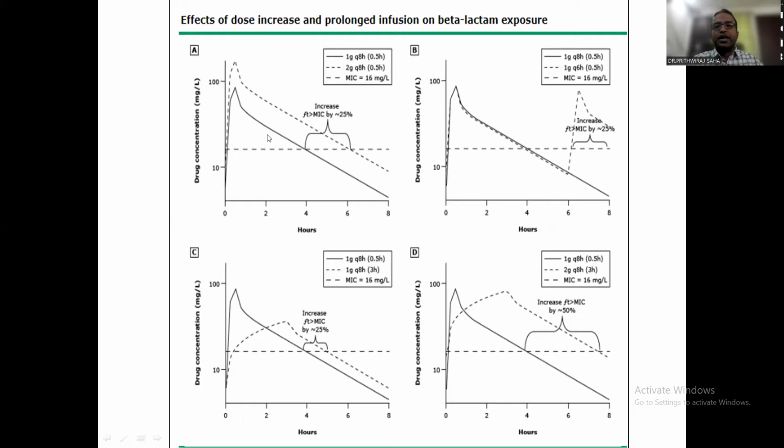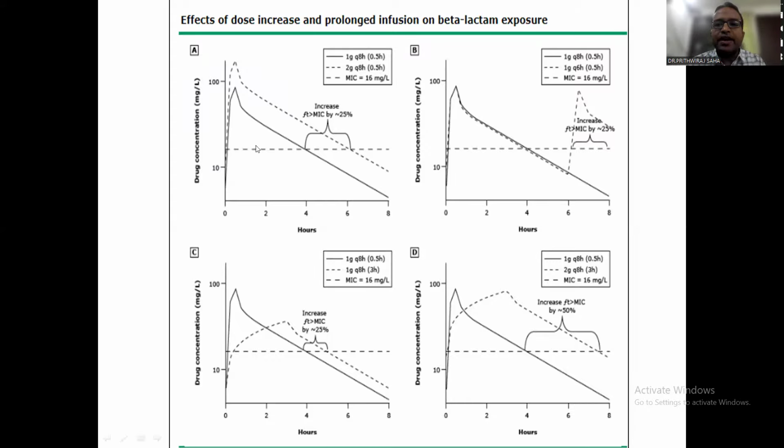Now see, there is an ICU and you people are working and you are giving a drug, 1 gram TDS meropenem or a 1 gram TDS beta-lactam, right? Let's take meropenem or piperacillin tazobactam.